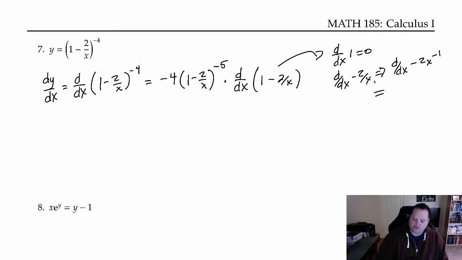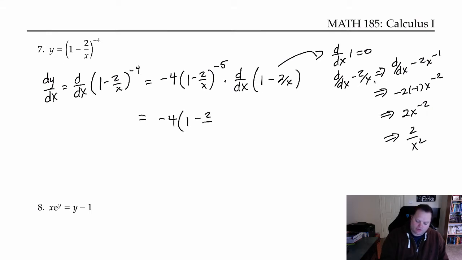So power rule says the derivative of that would be negative 2 times negative 1 x to the minus 2, which is 2x to the negative 2, or 2 over x squared. So this would be negative 4, 1 minus 2 over x to the negative 5, times the derivative, which is 0 plus 2 over x squared, so 2 over x squared, which would be negative 8 over x squared.